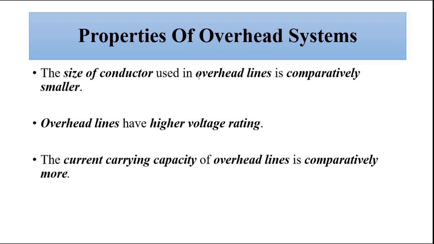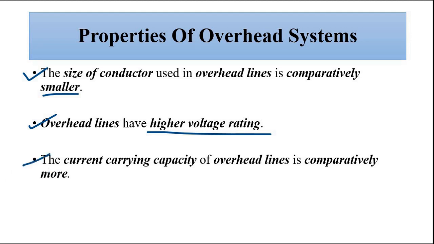The size of the overhead conductors is smaller, and they have higher voltage ratings, with voltage values of the order of several hundred kilovolts for overhead lines. Okay, size of conductor is small, it has a higher voltage rating.